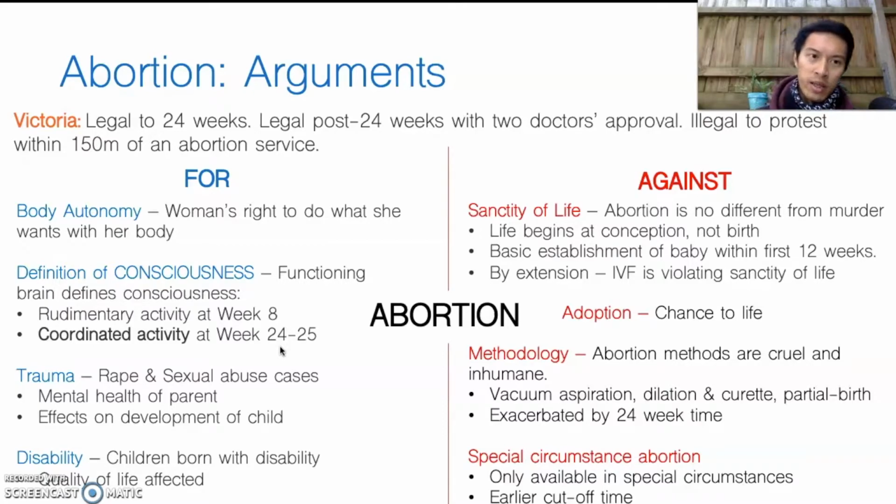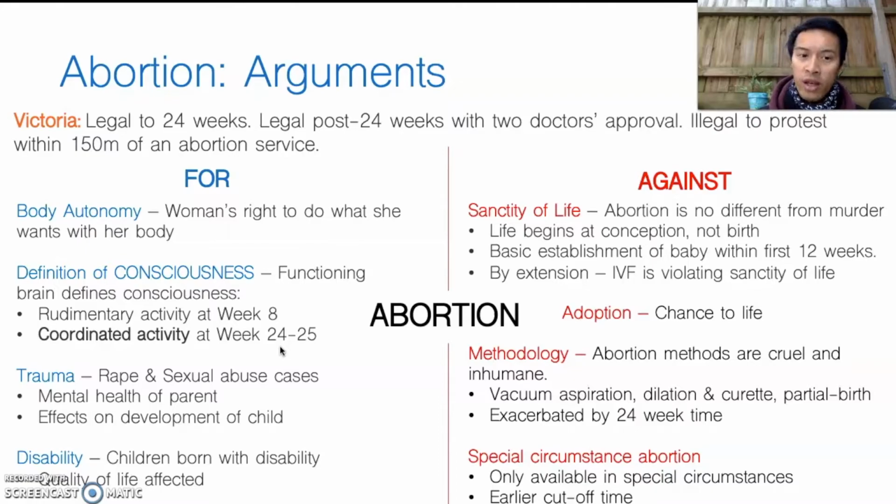Vacuum aspiration is basically, if the baby is early enough and you're planning to abort, then it can just be sucked out using a vacuum, and then the contents of the uterus are removed, and the baby is aborted. Particularly if it's small, yeah? Dilation and curette is the use of a surgical tool to dismantle a developing embryo or fetus and to then remove it from the female's body, right?